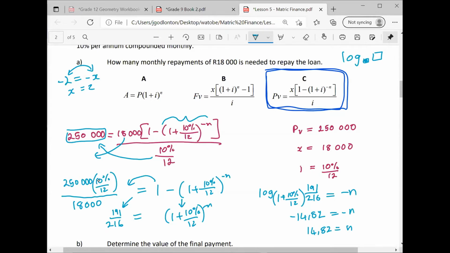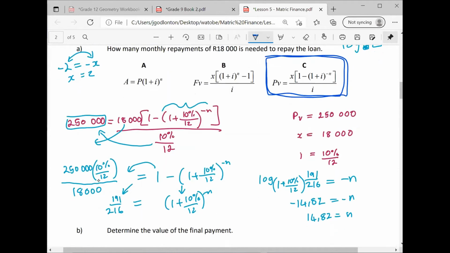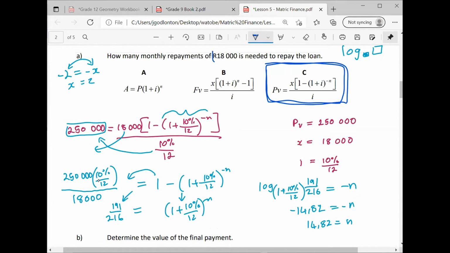Okay, now if we got to this point, we're already sitting on about 5 marks out of 6. But the question asked how many payments of 18,000, and this is what I was trying to stress to you last week. When we have a decimal like that, that's saying I have 14 payments of 18,000 and 1 smaller payment.